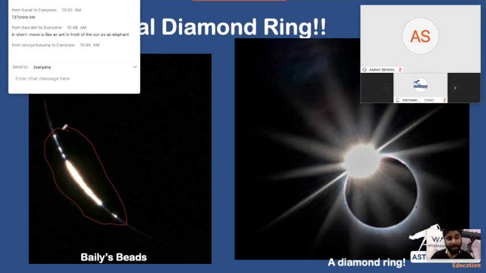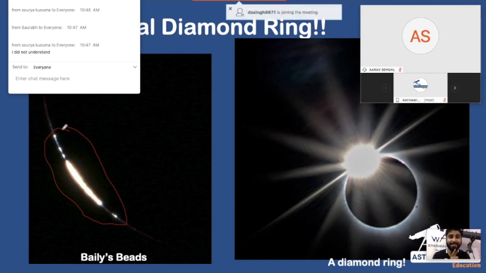Okay, but at the same time, when the moon's last crater or last depression is there, the light is coming from the last crater on the periphery, and you see an outshine of light from there, and it looks like a diamond ring. That is a celestial diamond ring. And if you are lucky enough to be on the path of annularity, you can see this event live, right?